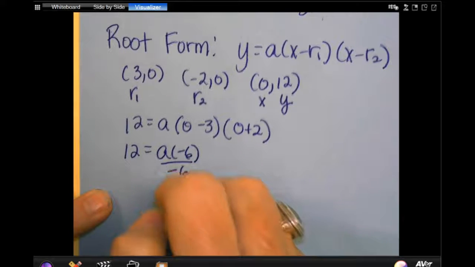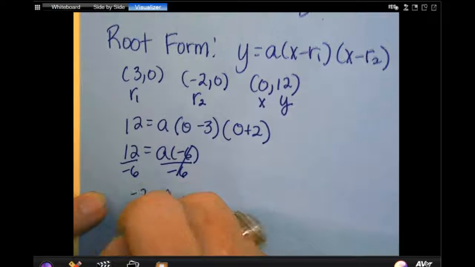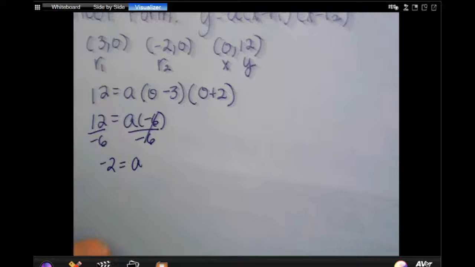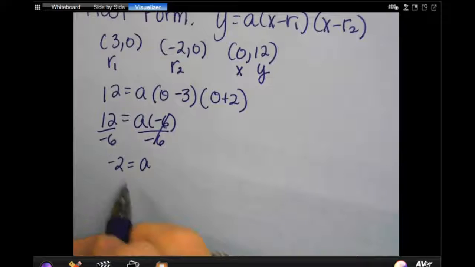Then I divide by negative 6, and I get a is negative 2. So if a is negative 2, now do I have my r's and my a? So now I can write the root form.